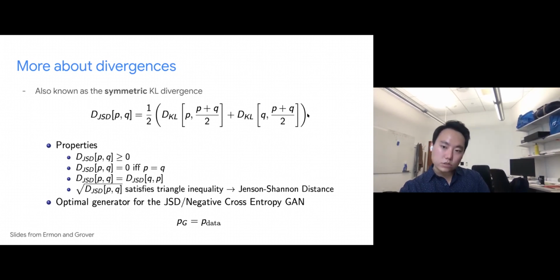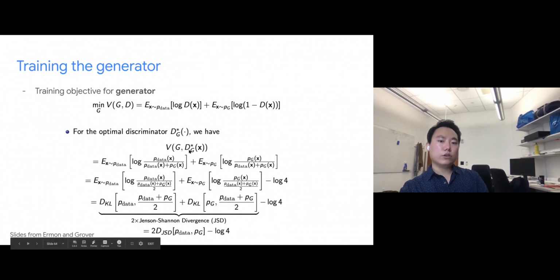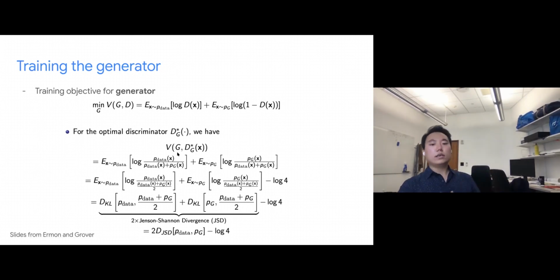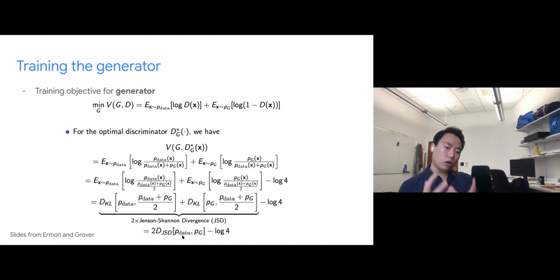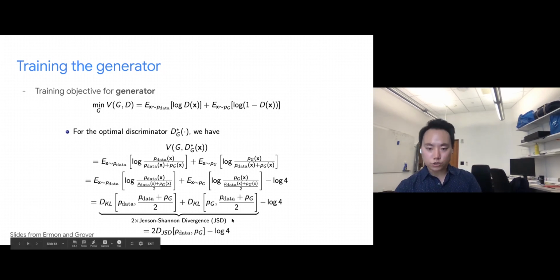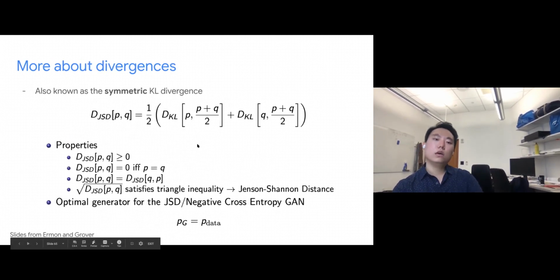So it's also a divergence measure between P and Q. That basically means that, if you have a discriminator, what you're trying to get the generator to do is minimize a divergence measure between the data distribution and the generator distribution. Essentially getting your model's generator distribution to match the data distribution as well as possible, as measured by this Jensen-Shannon divergence.